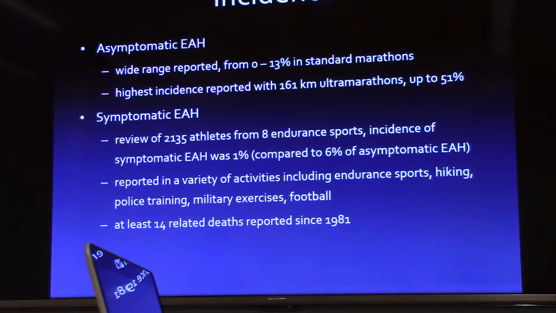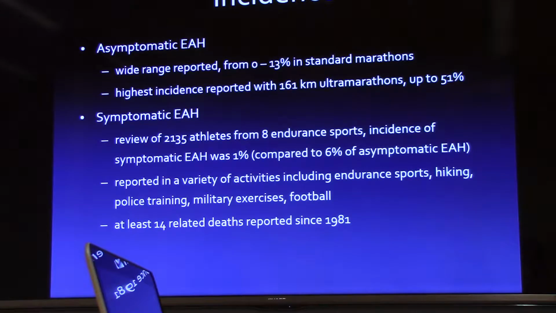So the incidence of asymptomatic EAH has a wide range reported, from 0 to 13% in standard marathons. Its highest reported incidence is with 161-kilometer ultramarathons, up to 51%. For the symptomatic ones, there was a review of over 2,000 athletes from 8 endurance sports, and the incidence of symptomatic EAH was 1%, compared to 6% for asymptomatic ones.